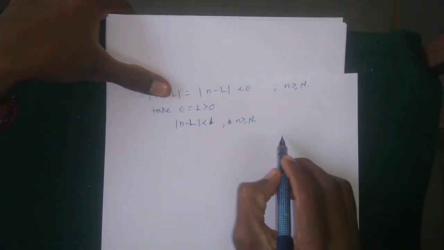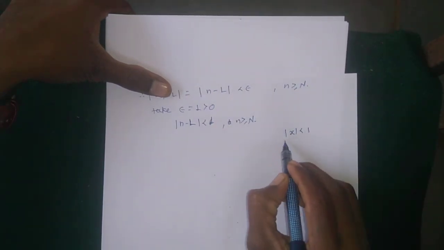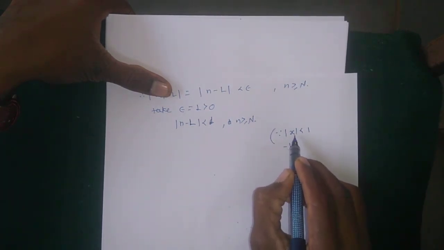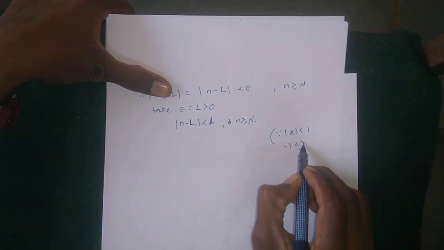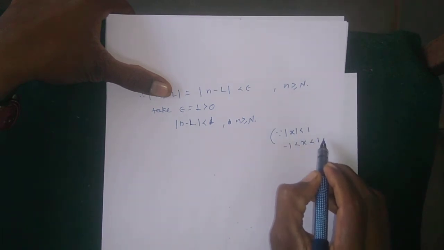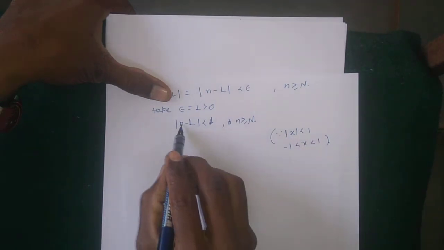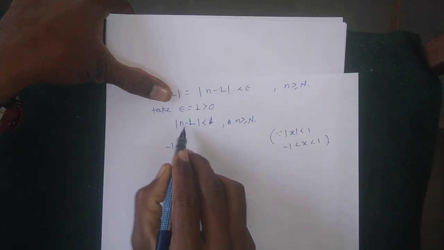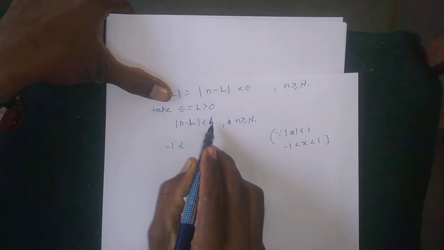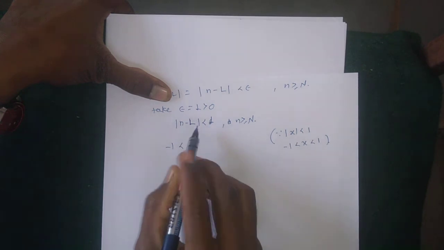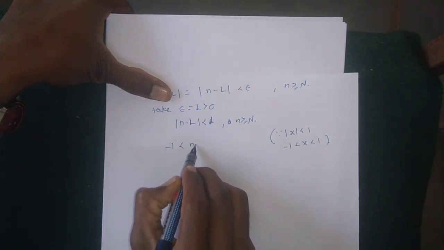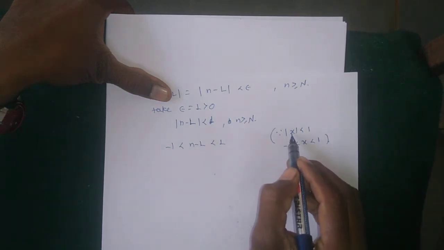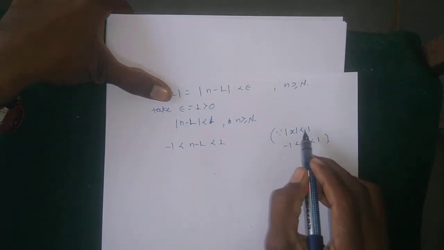Here, mod x is less than 1 means that x lies between -1 and 1. Using this result, n minus L is less than 1 implies that n minus L lies between -1 and 1, so -1 is less than n minus L is less than 1.